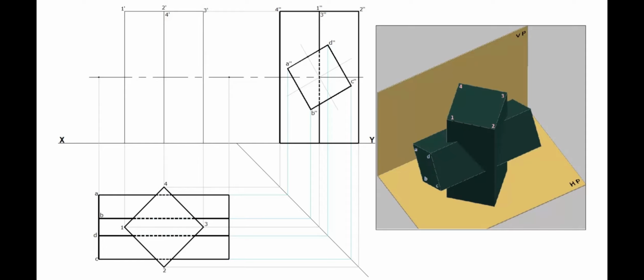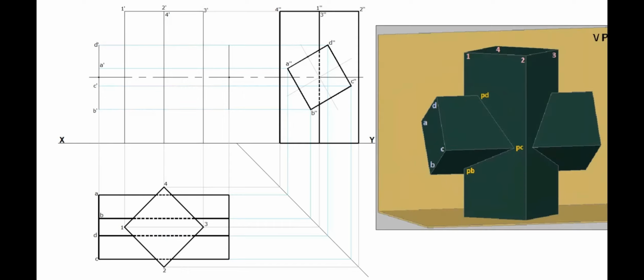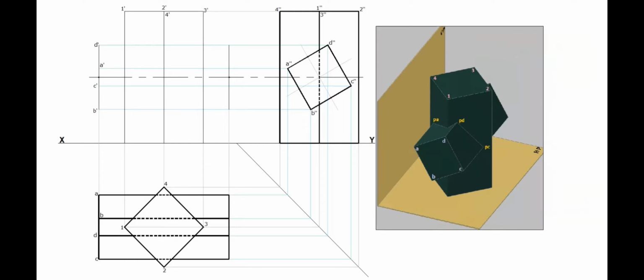Project all the corners of square in the side view, horizontally, to the elevation. Let the horizontal longer edges be A dash, B dash, C dash and D dash. Mark the intersection points of horizontal longer edges, in the plan, PA, PB, PC, and PD, at the left-hand side.